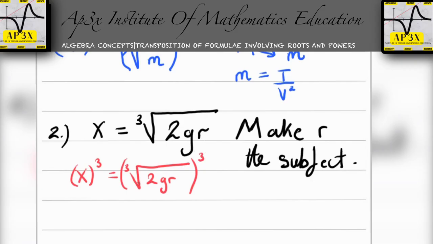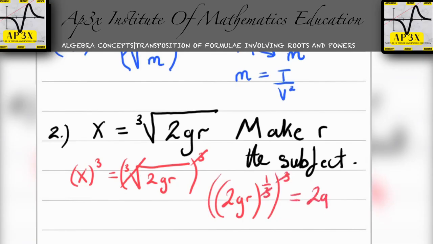So what this means is that the cube root here will be cancelled by the 3, and we already discussed how that is possible, because the cube root of 2gr is really 2gr raised to the power of a third. By multiplying this by the reciprocal power, this cancels this, so we end up with 2gr.